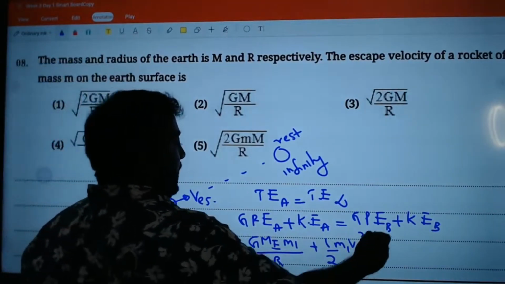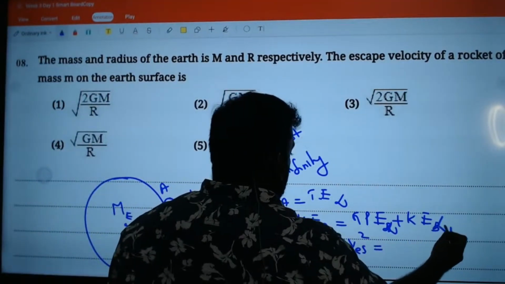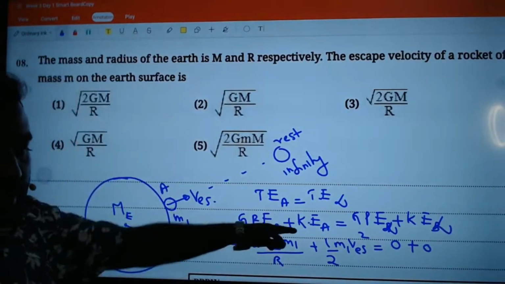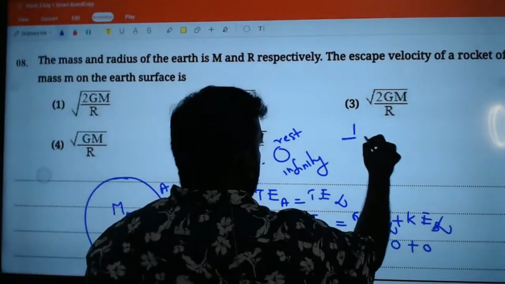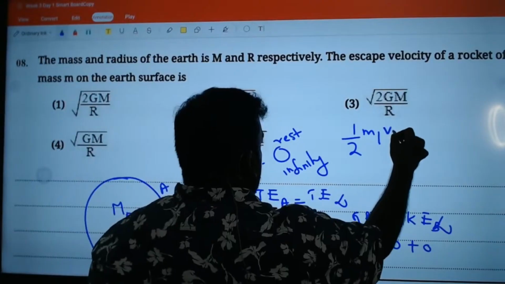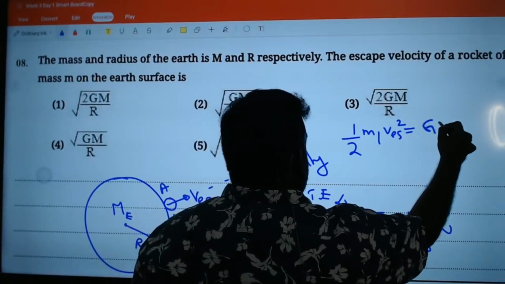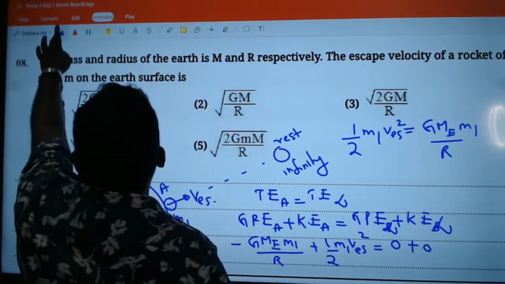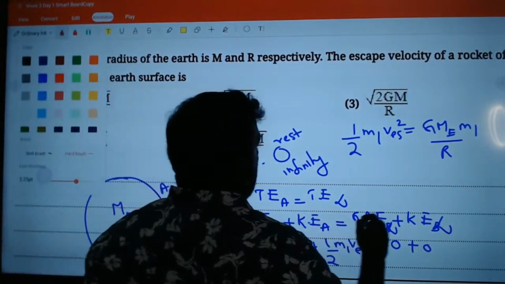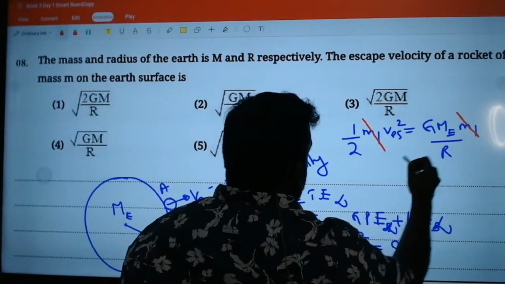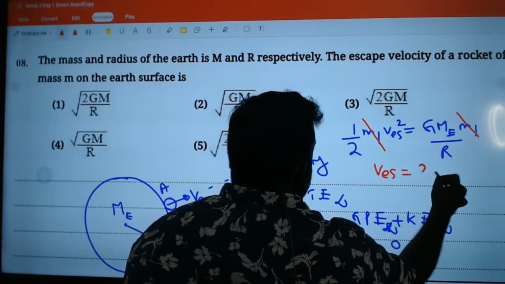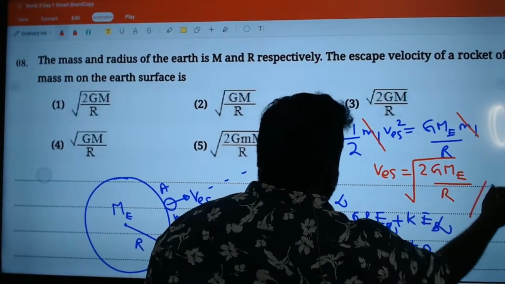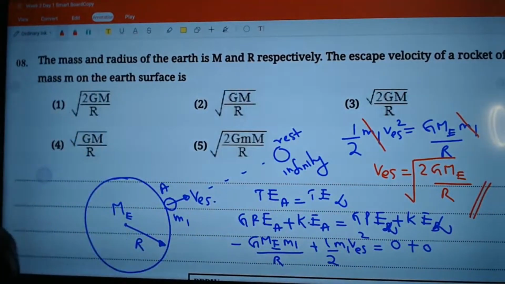At infinity, gravitational potential energy is 0, kinetic energy is also 0. Simplify the calculation: half m1 V escape squared equals GMm1 divided by r. Carefully look, m1 cancels off. Escape velocity is the square root of 2GM divided by r.